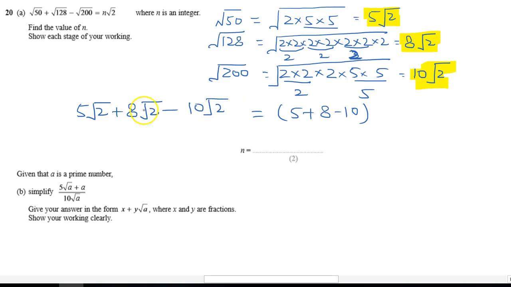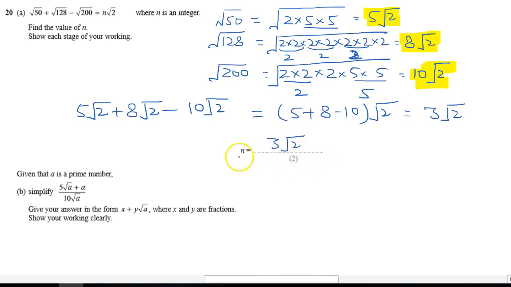We have removed root 2 and we have taken root 2 as common. So that is 18 minus 10. No, not 18. This is 8 and 5, 13 minus 10. So that is 3 root 2. So n is 3 root 2.